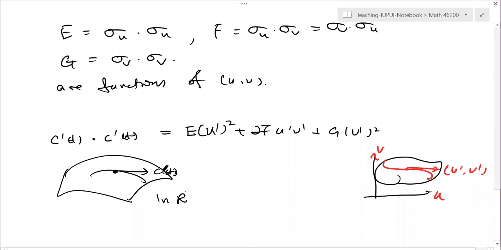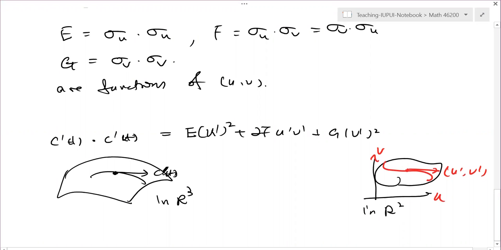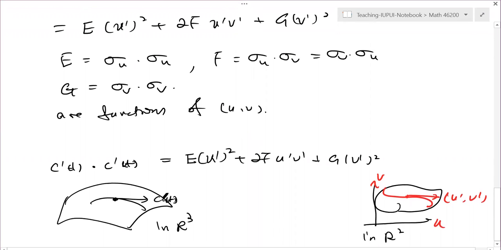Here is the three-dimensional space and here is the two-dimensional space, so you see the correspondence. We wanted to calculate the square of the length of this tangent vector. You just need to find the corresponding curve in the uv plane, and then the tangent vector.